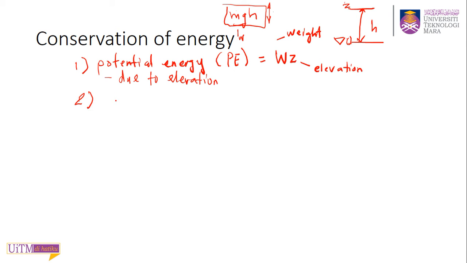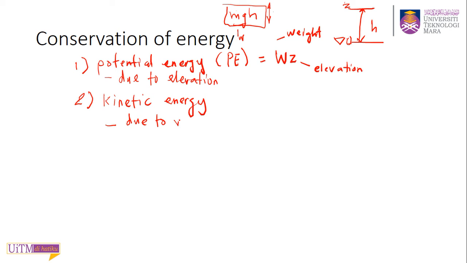So that's settled. I think potential energy is quite easily understood. The second one is also famous. We have done it before in secondary school. What we call kinetic energy, kan? And this is due to what? Any guess? Velocity.